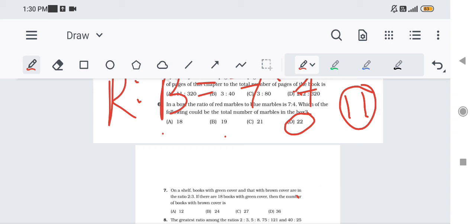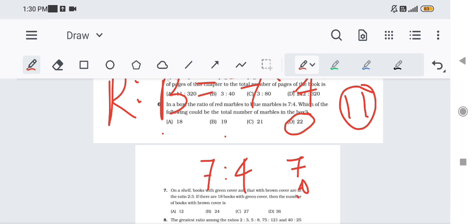I repeat, since here the ratio is given 7:4, we will assume that there are 7 red marbles and 4 blue marbles. We are assuming it for our convenience, because whatever number comes as an exact result will be a multiple of 7 and 4. So 7 is a multiple of 7 itself and 4 is a multiple of 4 itself.